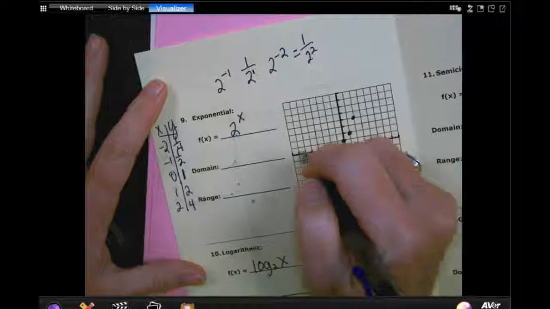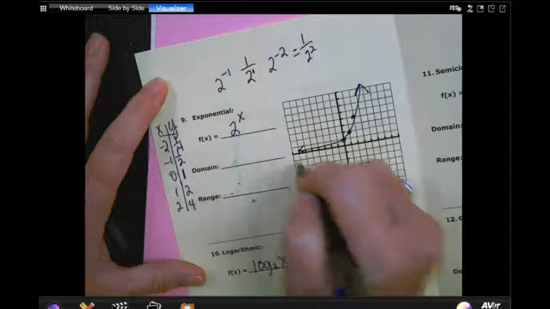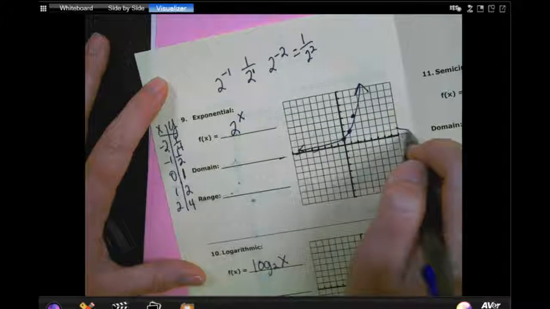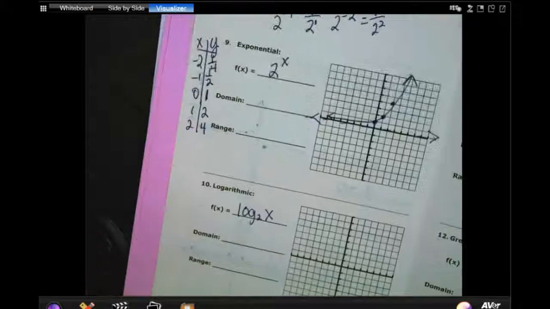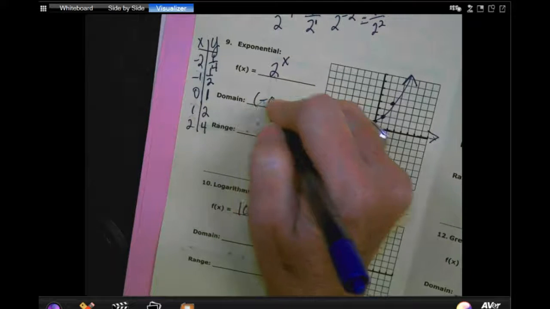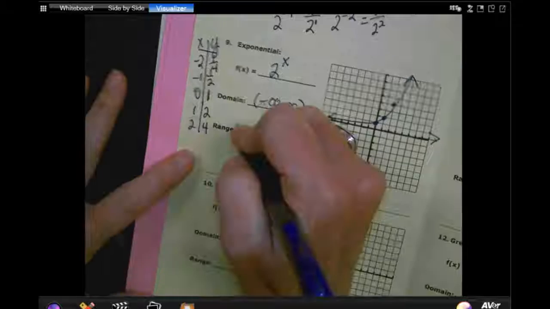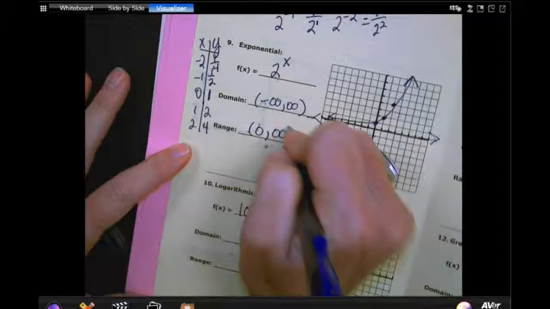So this is what the exponential looks like. And it does have an asymptote at 0. So the domain is negative infinity to infinity. And the range is bottom to top, so that's 0 to infinity.